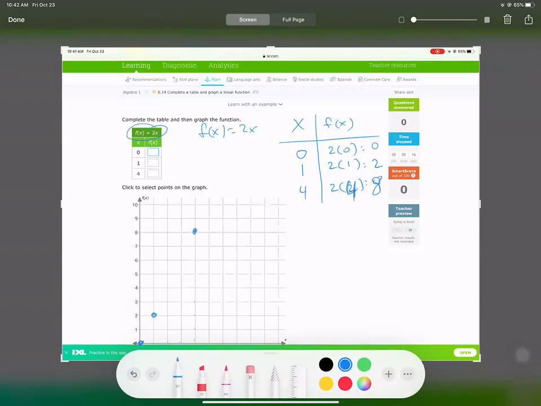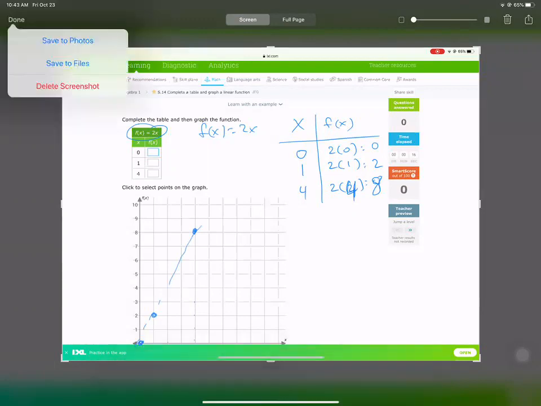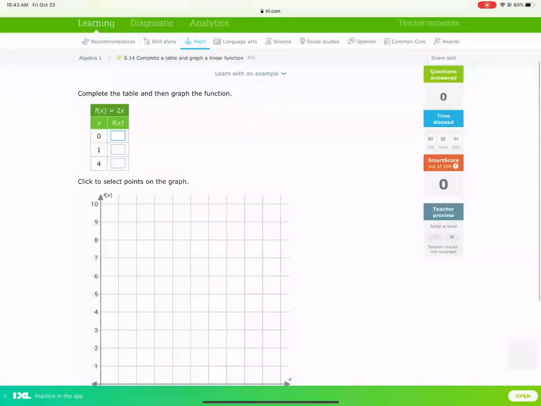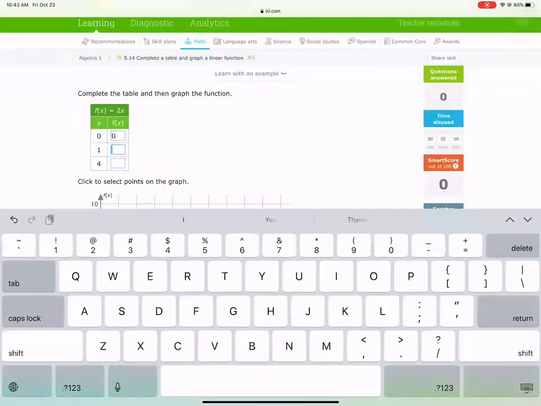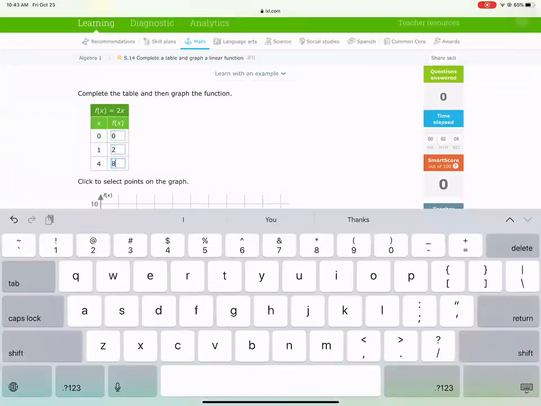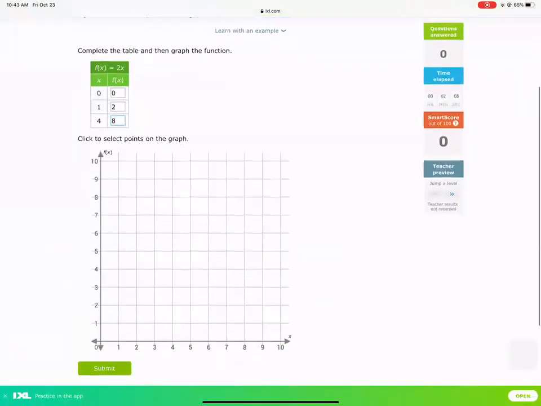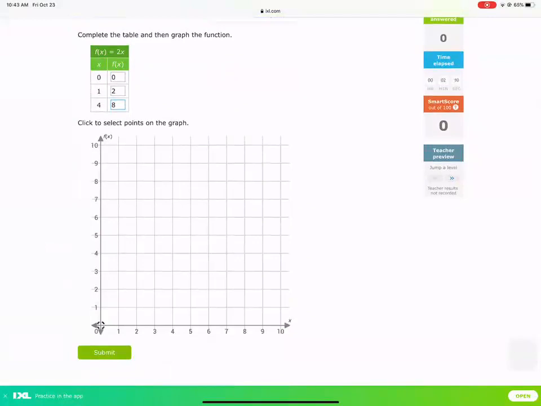Okay, this is going to represent a line for us. So 0, 2, and 8. And they also want us to click on the points. 0, 2, 1 is 2, and 4 is 8. Oh yeah, 4 is 8. So all those points fall on the same line.